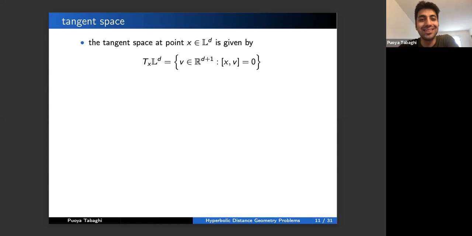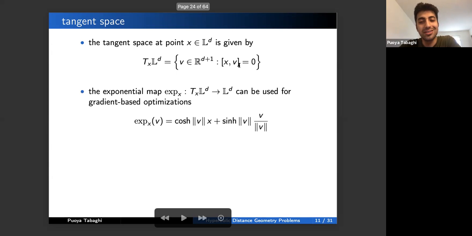Okay, I talked about tangent spaces, so this is kind of a tangential slide. I'm gonna just tell you what it is. The tangent space at point x of the Loid model is basically all the points whose inner product with x is 0. Again, this is characterized by the Lorentzian inner product.